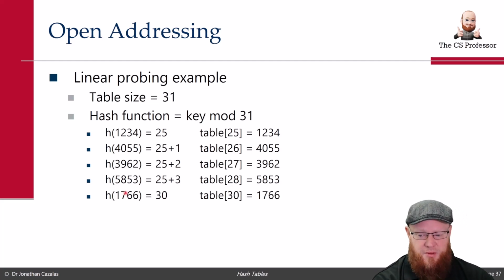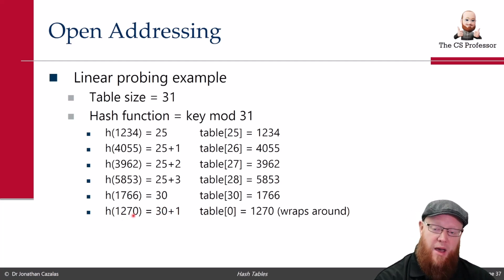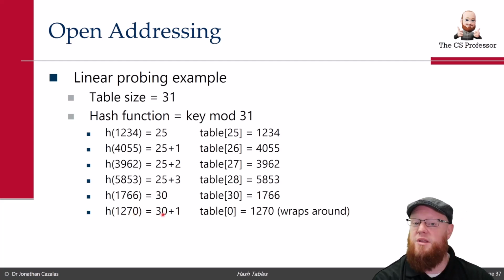The next person hashes to index 30. No one's at index 30, so we simply save them directly into index 30. The next person also hashes into index 30. When you divide 1270 by 31, you're going to get 30. And clearly we can't store them at index 30 because someone's already there.